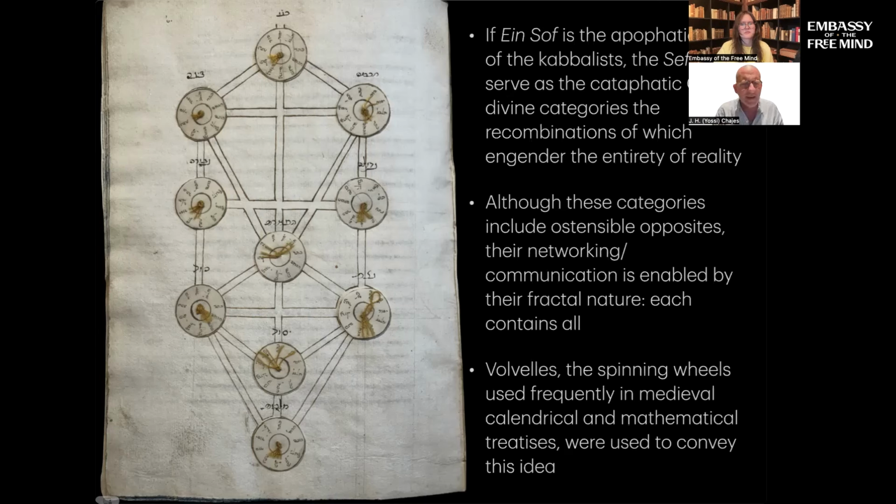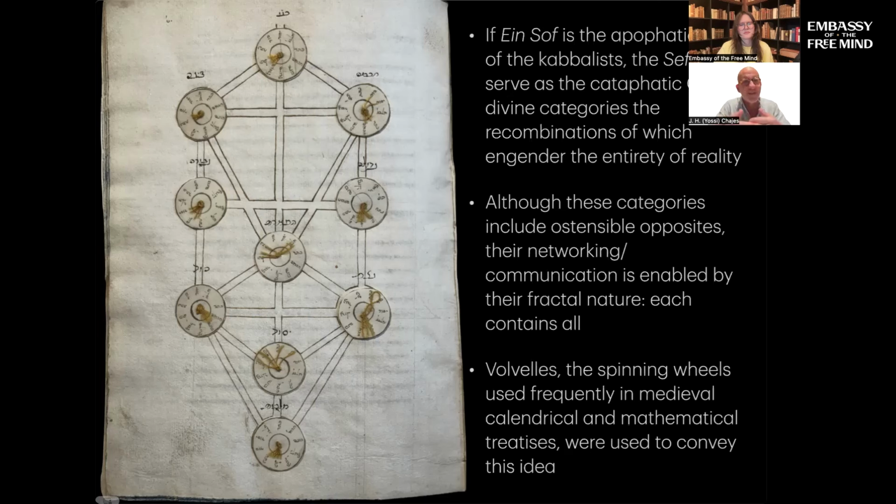I think it's also fascinating that Kabbalists thought that it was worth making this idea physical, and that they did so by creating diagrams of the sfirotic tree that included volvels, which are spinning wheels used frequently in medieval calendrical and mathematical treatises.